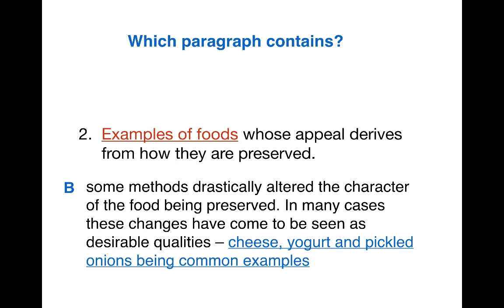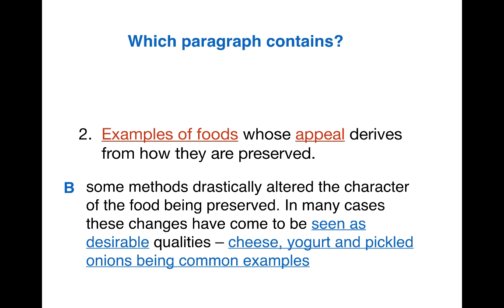And then other keywords in this answer. Appeal is seen as desirable. That's quite tricky vocabulary. If you didn't know those words, it would be difficult to be sure about the answer. The appeal of something means why it's attractive, and desirable means something similar, attractive qualities.